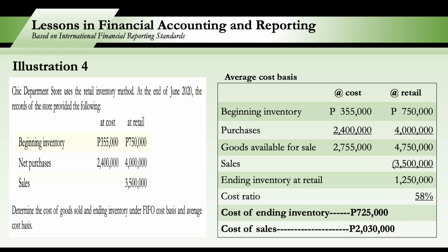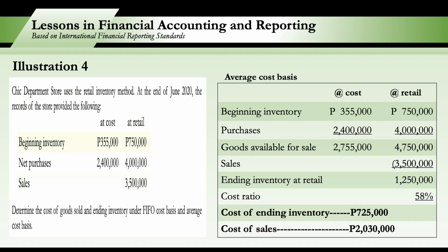So it's 2,755 divided by 4,750. Our cost to retail ratio using the average cost basis or the average cost method is 58%. So ending inventory at retail of 1,250,000 times our cost to retail ratio of 58%, then our ending inventory at cost is 725,000.